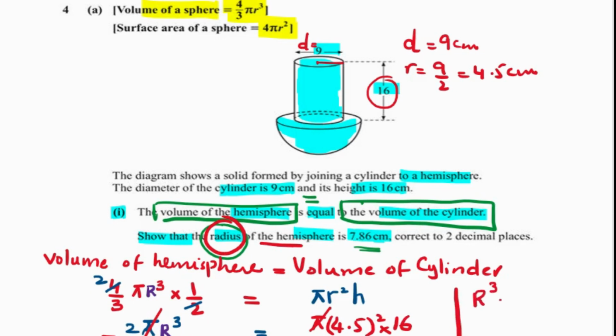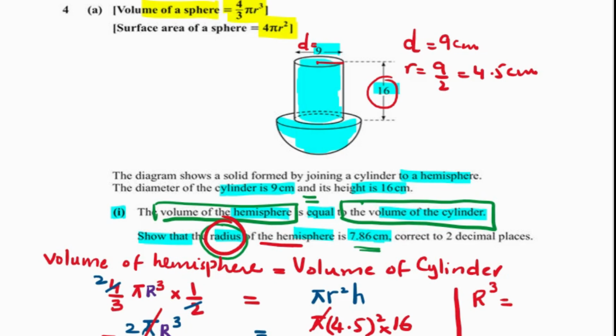R cube will be, let me calculate, 4.5 square into 16 into 3 divided by 2.